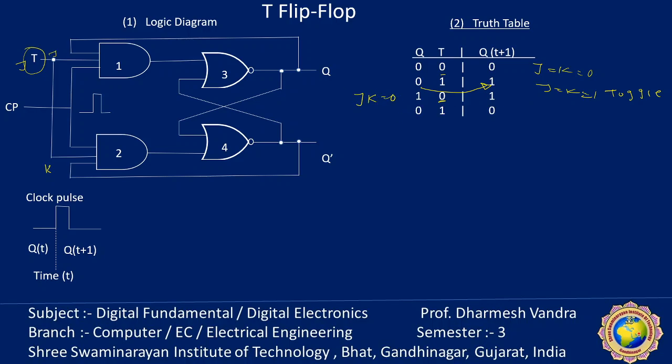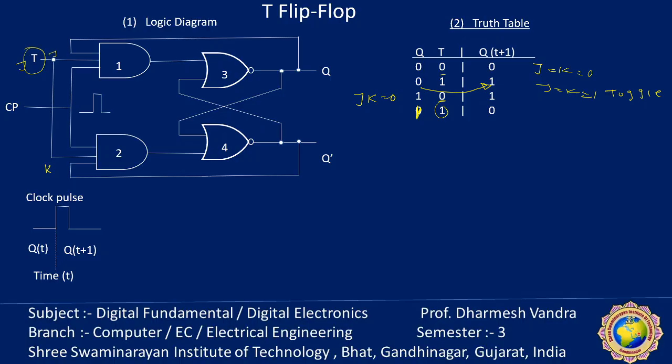And when both are 1 1, again it will toggle, here from 1 to 0, because T equal to 1, so J and K equal to 1.